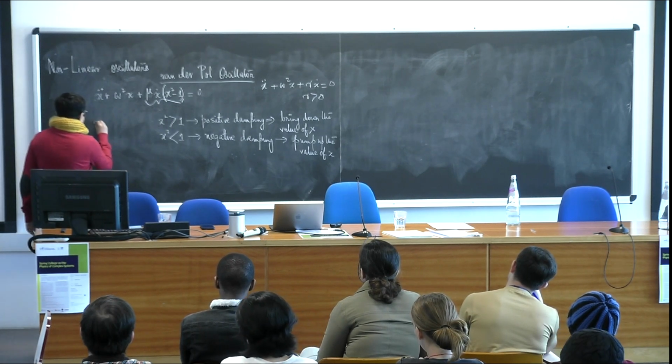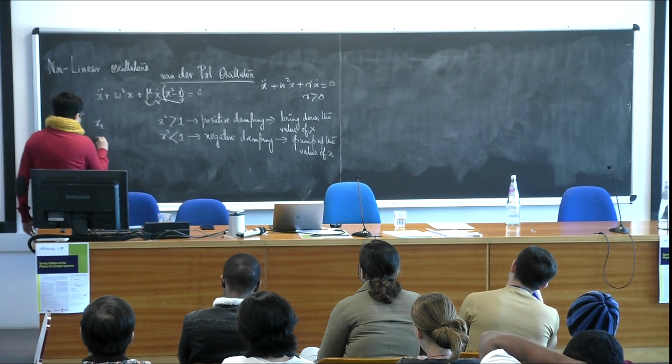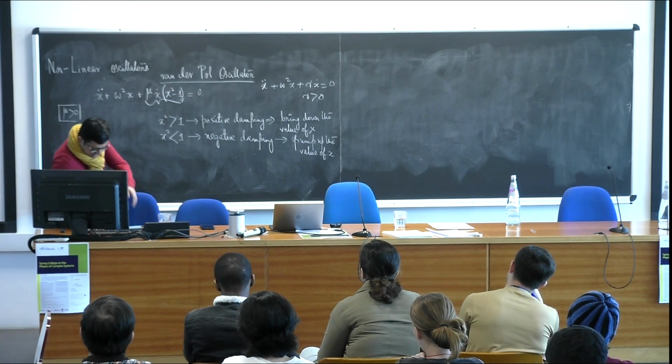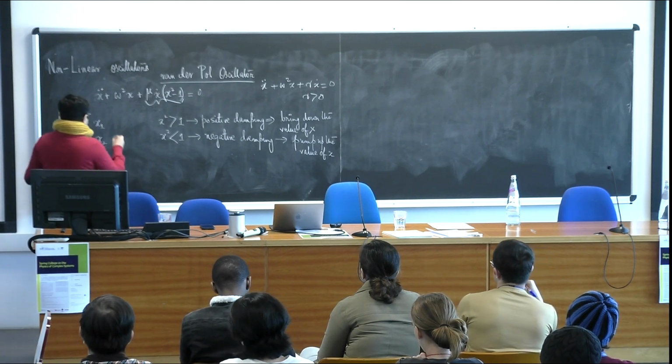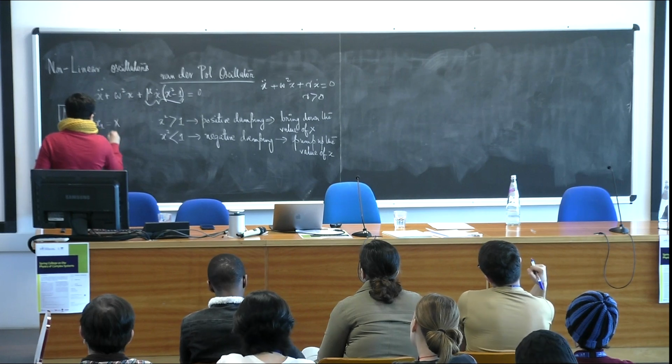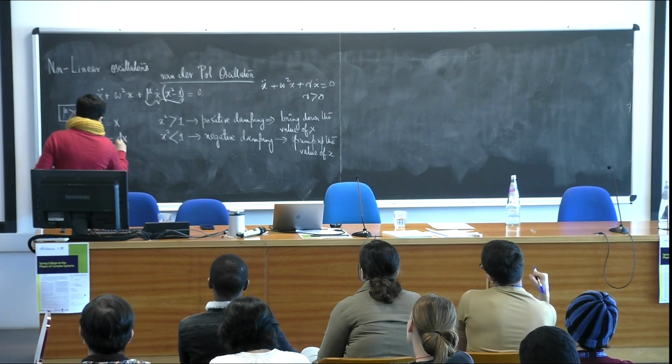So what you do is that you define two quantities, x1 and x2, where x1 is the position and x2 is the velocity, let's say.